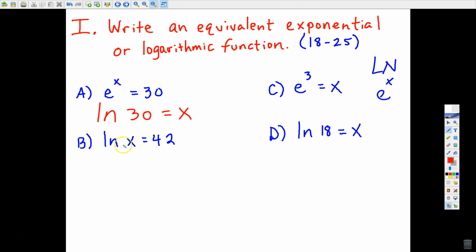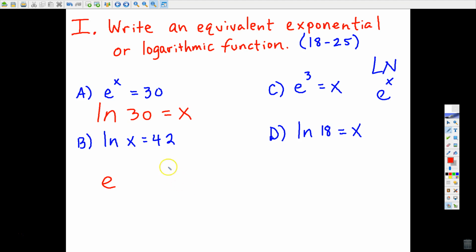Okay, letter B is a natural log equation, so we're going to turn it around and make it exponential. So when you see natural log, you know that it's got to be E raised to some power. And the natural log here tells us that the power is 42. Logarithms always equal exponents.